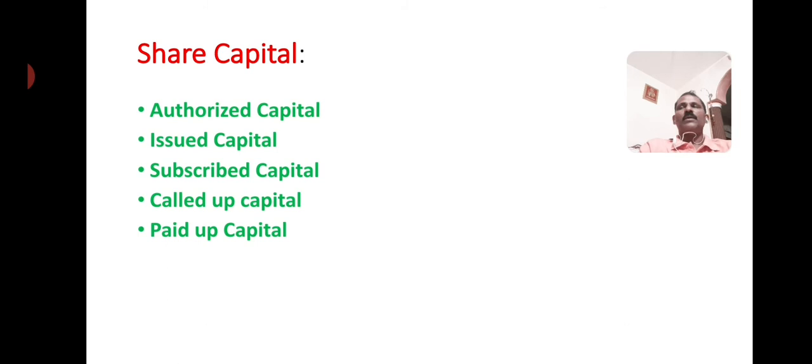So sometimes paid up capital will be called up capital less calls in arrears plus forfeited shares. This is the amount of paid up capital which is available to the company for its purpose. Hence, in every case, paid up capital will be considered the final amount of capital in the balance sheet.